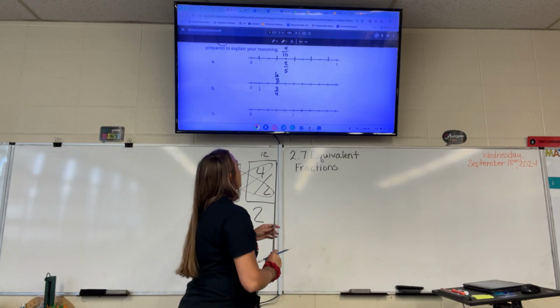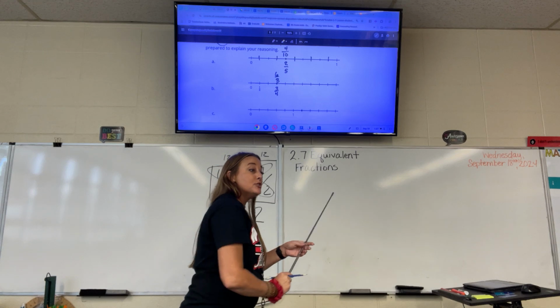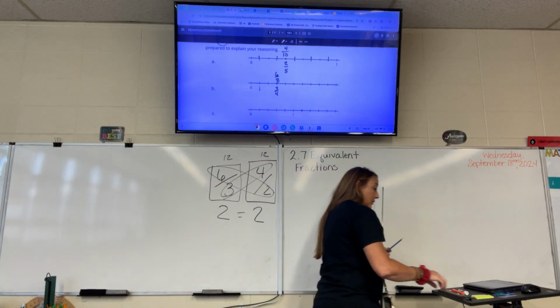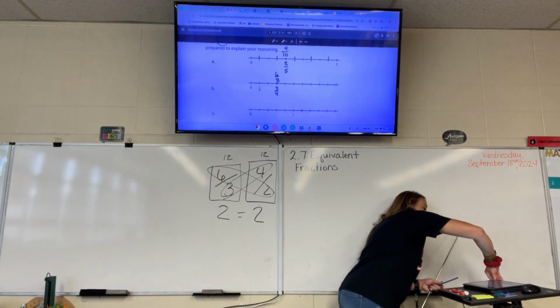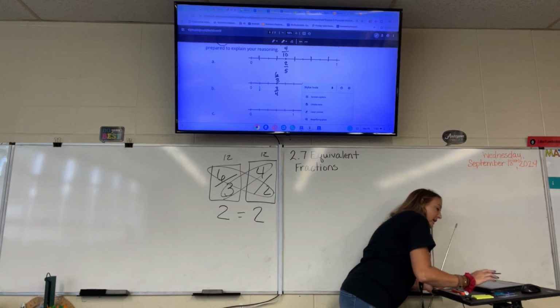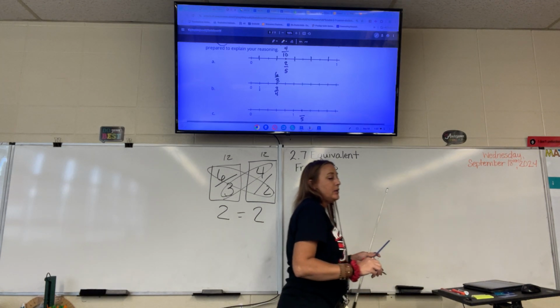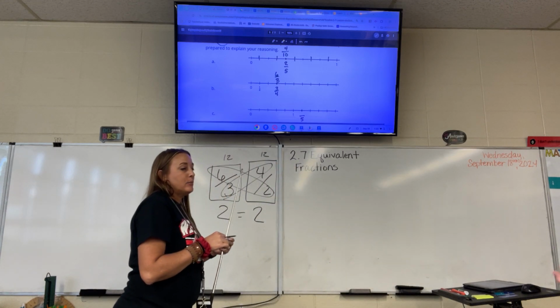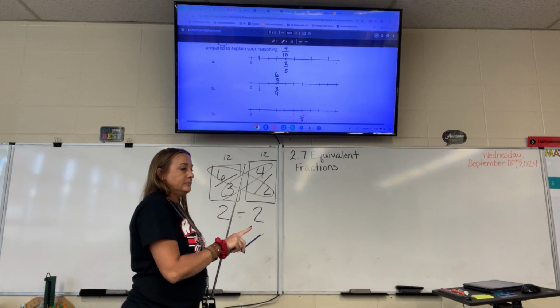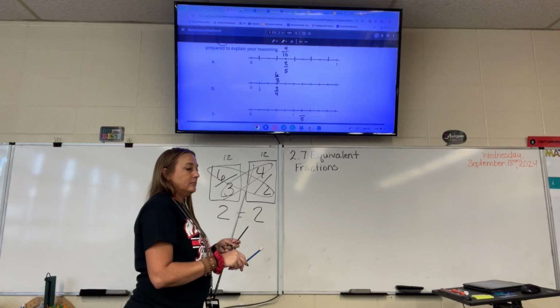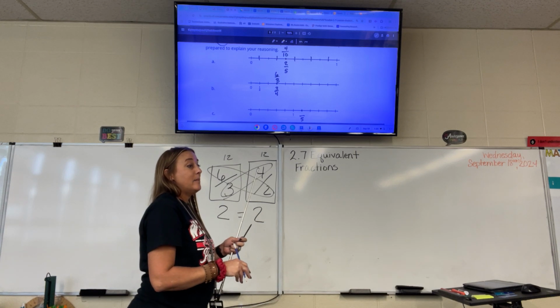Count it again. 5. There's 5. So that's gonna be your bottom number all the way across. So your denominator for this dot is 5. Now you can go tell me what the top number is, Todd. Oh, just the dot, buddy.